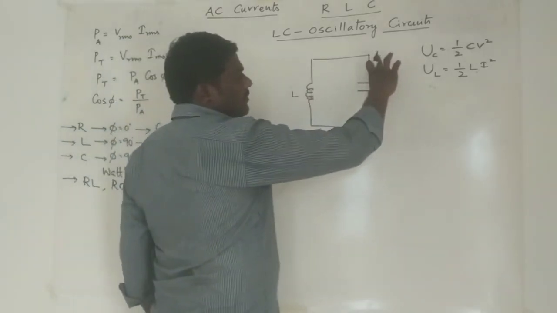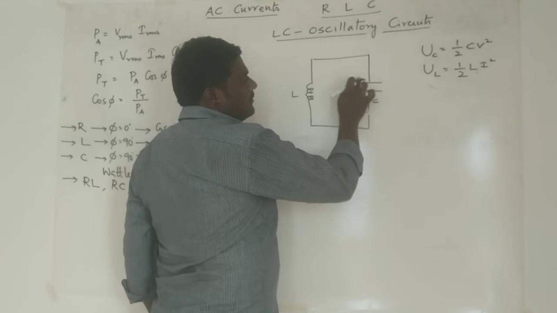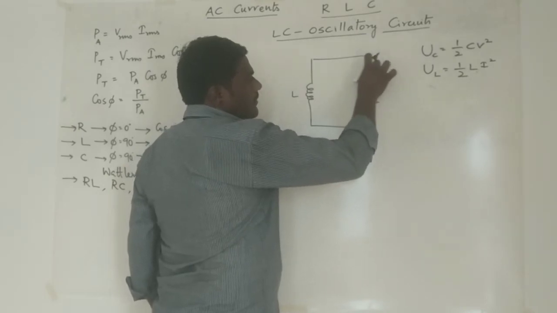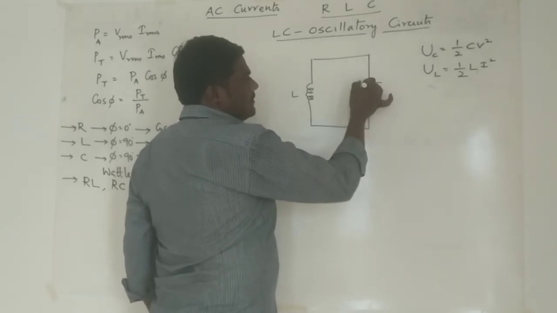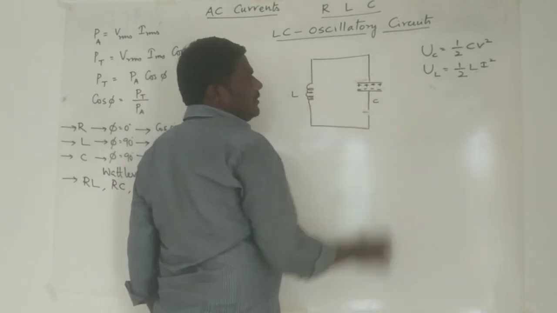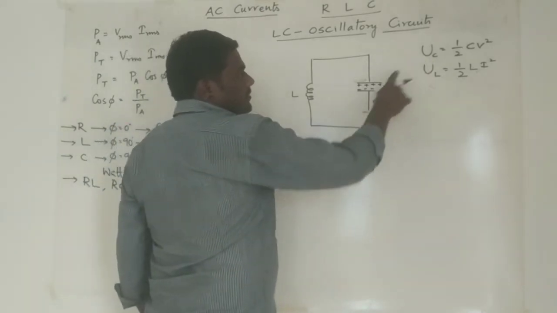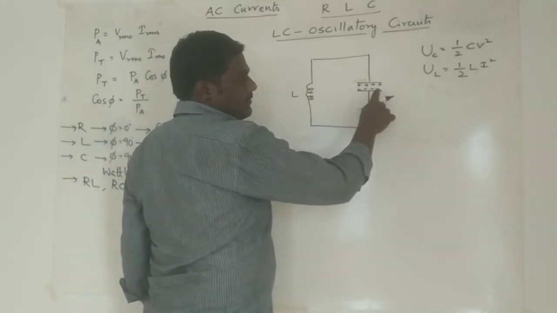So assume now the capacitor is fully charged. Obviously one side acquires positive, the other side acquires negative. Now the energy stored is given as half CV square.